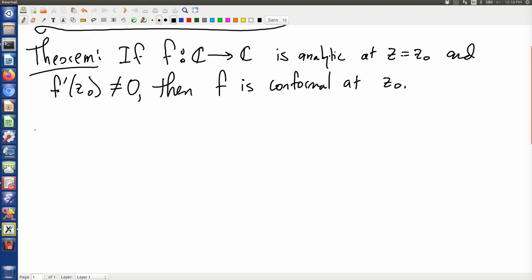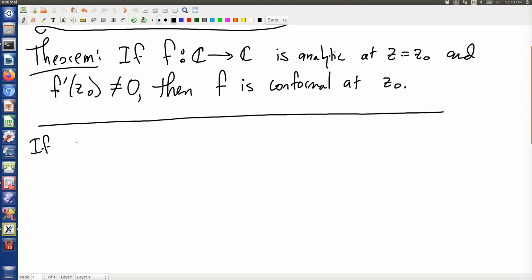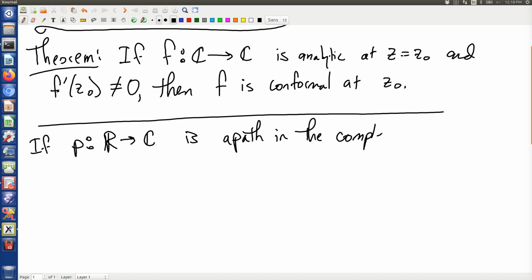So first of all, if P, going from R to C, is a path in the complex plane, P of t is equal to, well, it's got a real part and it's got an imaginary part.